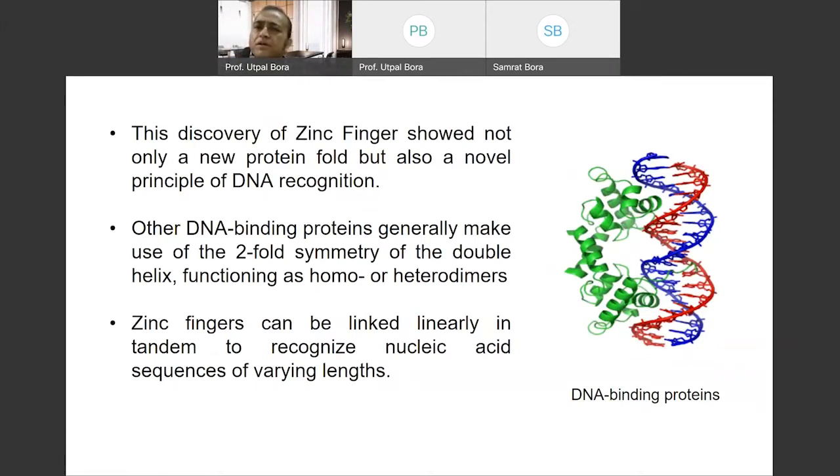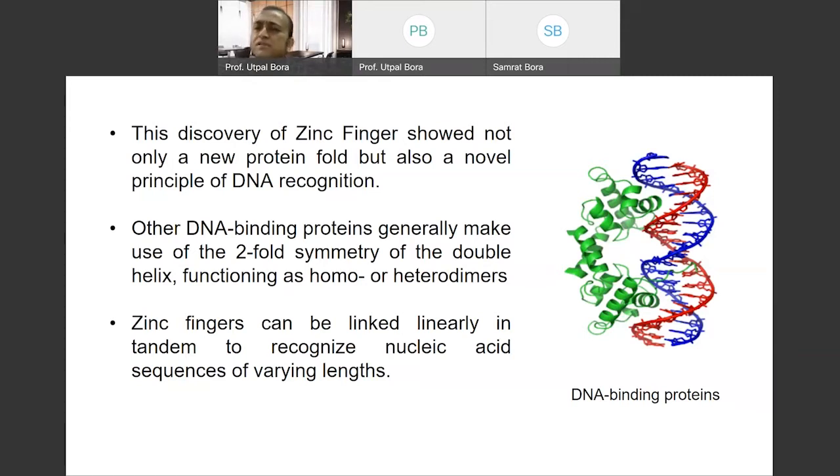So the zinc finger discovery showed not only a new protein fold, but also a novel principle of DNA recognition. Other DNA binding proteins generally make use of the twofold symmetry of the double helix, functioning as homo or heterodimers. But here it is basically very active in its three-dimensional fold.